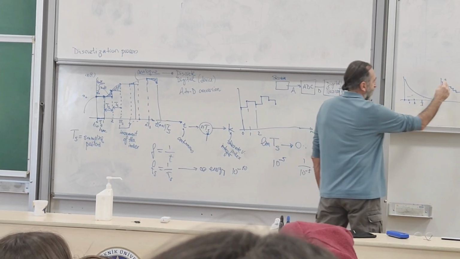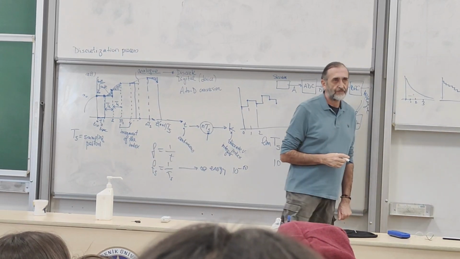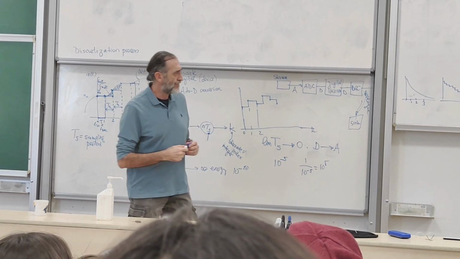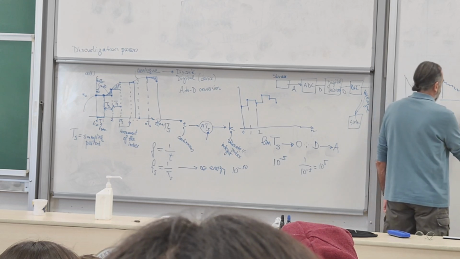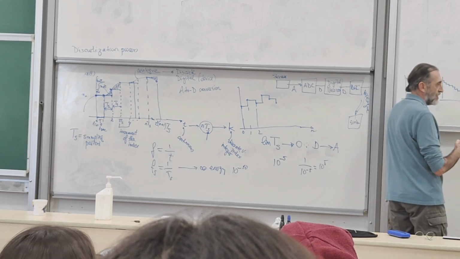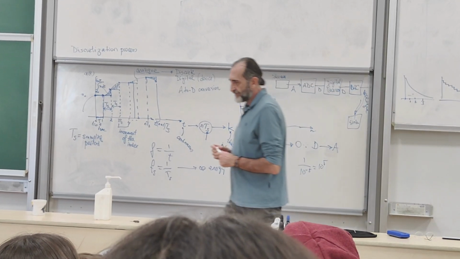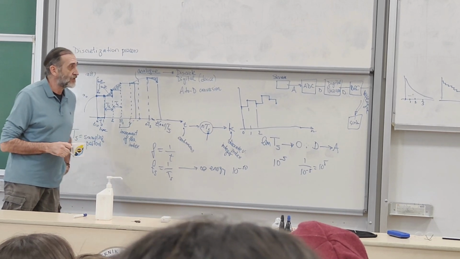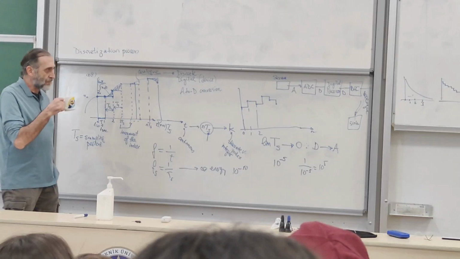But here the scale is 10 to the minus 5 seconds. Whatever. Alright, it's too late for calculation. So I hope you understand what I'm talking about. I hope I can explain what I'm trying to say.